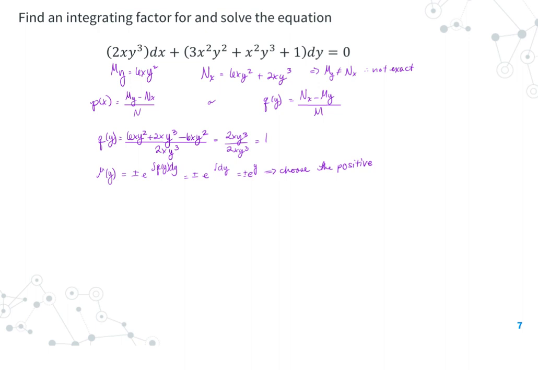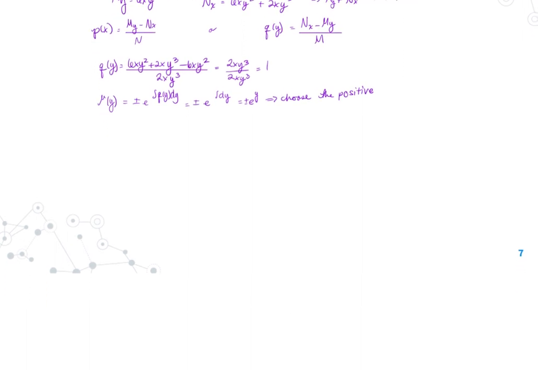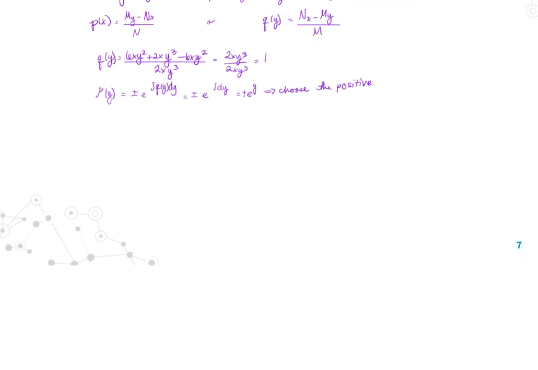So what we need to do is finish this problem. So I'm going to scroll up a little bit here and we're going to finish this problem. And my purples may not match exactly, but it'll be close. So let's multiply the entire differential equation by mu of y.